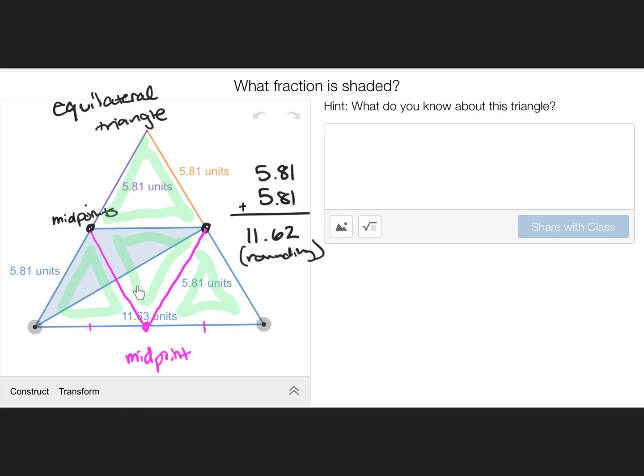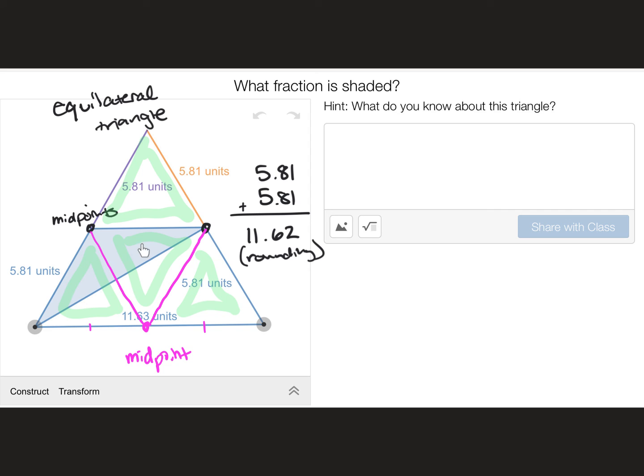This one and this one and this, they're all equal in size. And then you're actually getting somewhere, because this triangle right here that's outlined in pink and that right there is definitely the same size as this one.